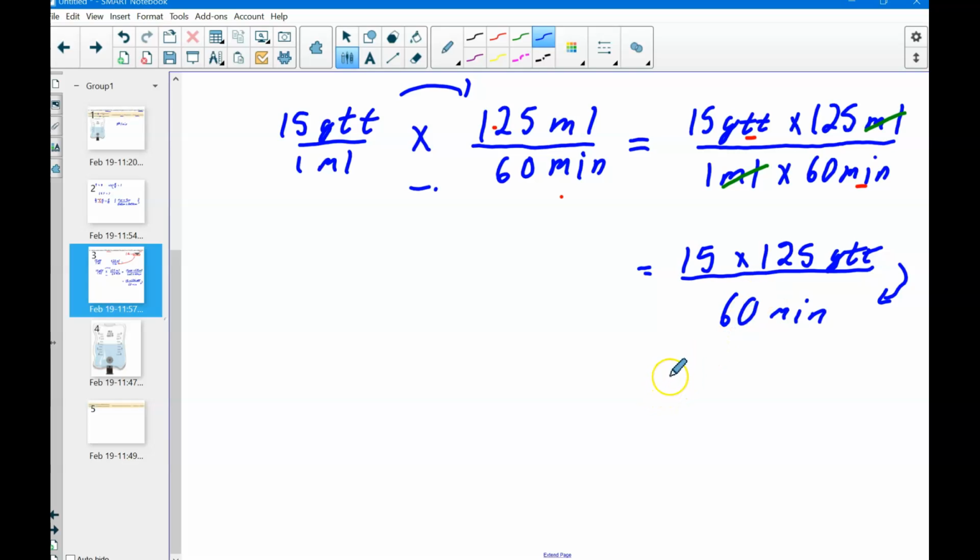So let's see if there's an easy way to fix this a little bit. So 15 times 125 GTT, and 60 can be broken down into two numbers. We broke it down into 15 times 4.